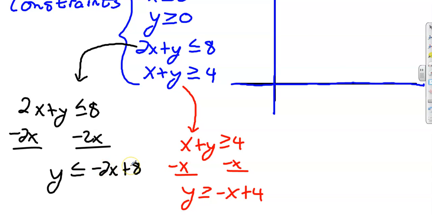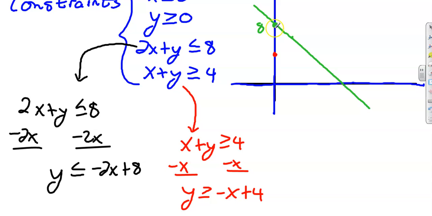If you go with negative 2x plus 8, and we'll pretty much best guess it here, 8 would be about here. We're going down 2 over 1, so that's going to give you a line that would look something similar to that. And at negative x plus 4, for that one we're going to start at positive 4. Slope is down 1 over 1, so that's going to get you a line that cuts through. I might be a little more accurate on this one.